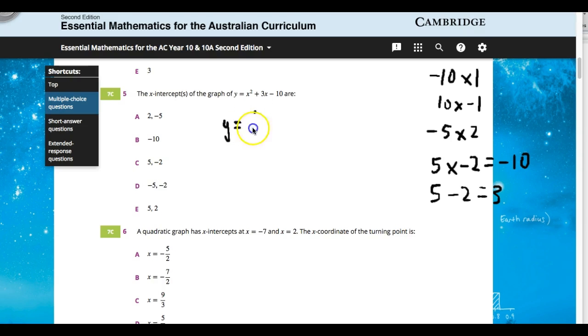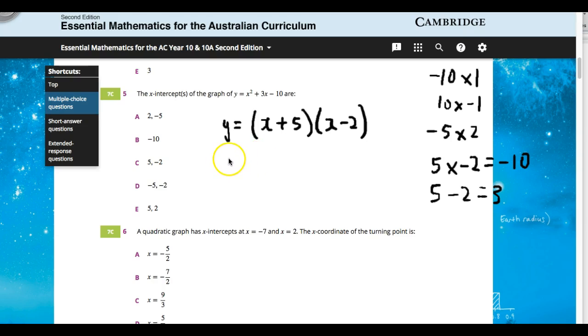So we can rewrite this as (x plus 5)(x minus 2). And you can always check just by expanding it. So you did expanding in year 9, I'm pretty sure. Oh, you probably did factorising too. But that's one way to check, just by expanding it if you like. You can also use the quadratic formula for this one, but you can see how much easier it is just to quickly factorise it.